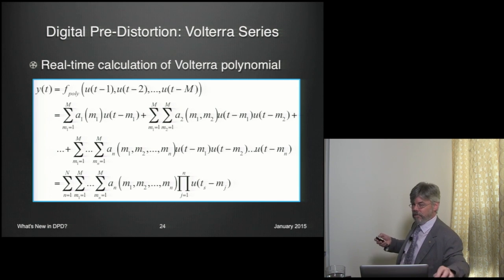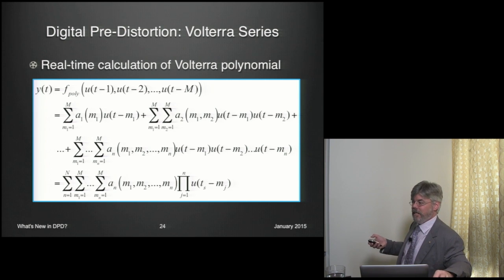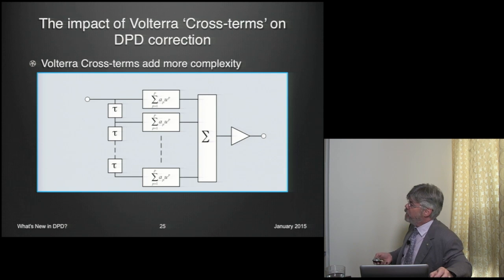These are the cross terms. If your memory is of any reasonable number and your polynomial is of any reasonable size, you can get thousands and thousands of coefficients here. That, again, is pretty well impossible to calculate, as the math is virtually impossible to do correctly.